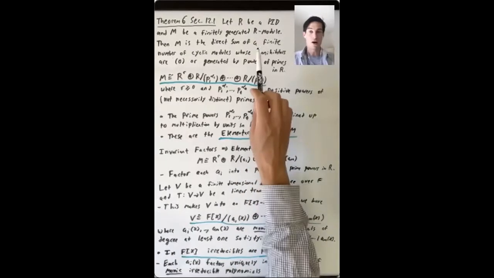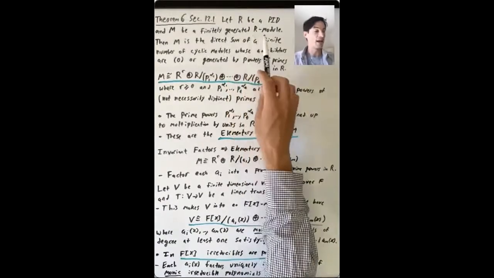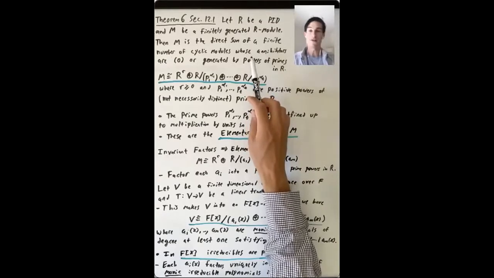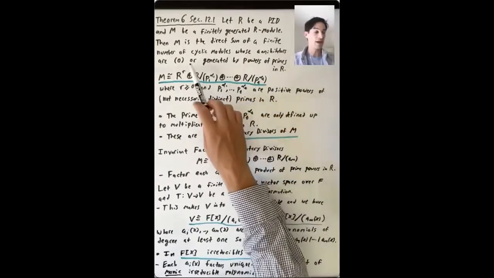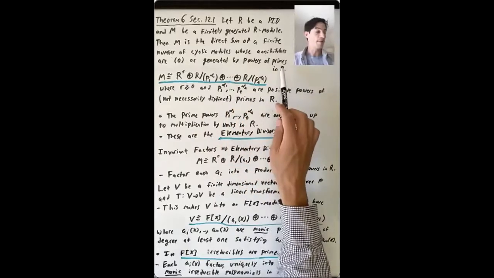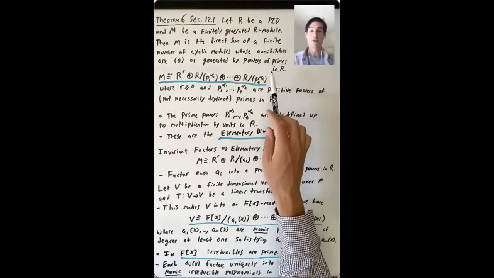Let's say that R is a PID and M is a finitely generated R module. Then M is the direct sum of a finite number of cyclic modules whose annihilators are either 0 or generated by powers of primes in R. So what does that mean?